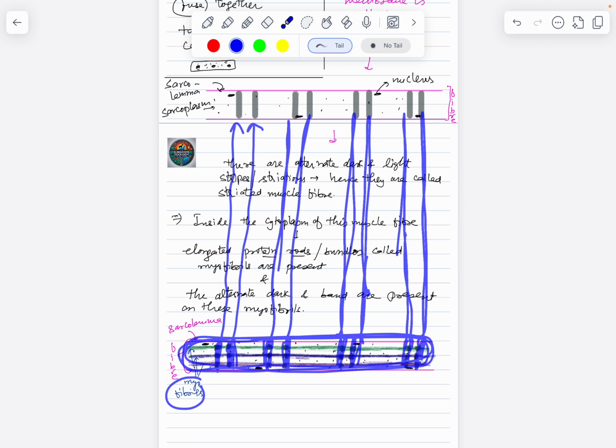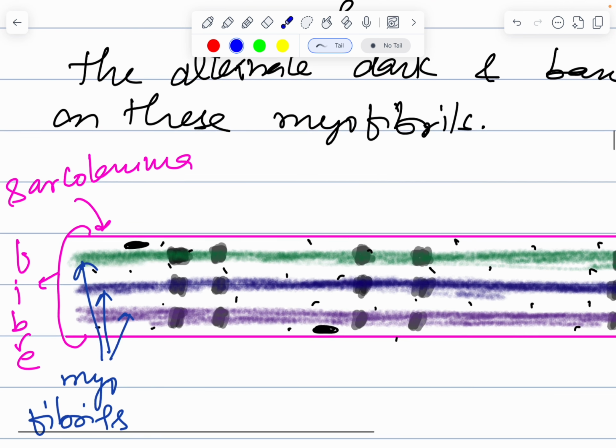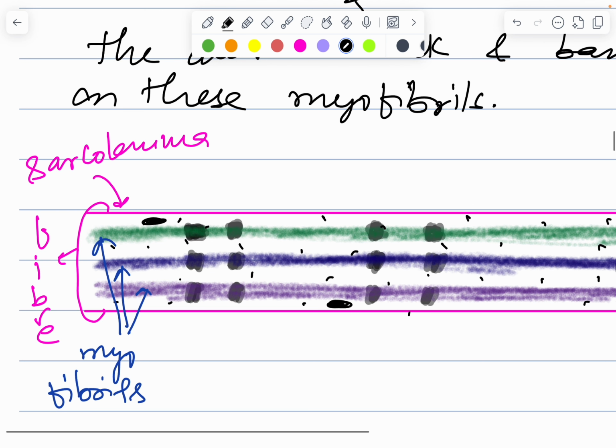So in this picture I can see a cell with dark and light stripes on it, but when I zoom in I find out that these stripes are not exactly on the cell. They were just visible on the cell because the cell membrane was somewhat transparent. In reality, where exactly are these dark and light stripes located?